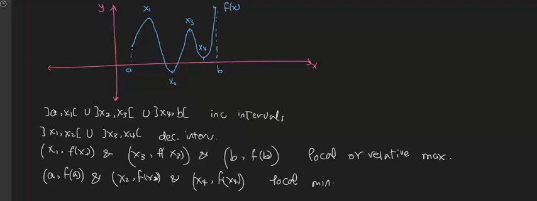Okay, so now we have local or relative maximum and minimum. We need to introduce another expression, which is the absolute. We might say that we have an absolute maximum, which is going to be the highest height or the tallest height, and the absolute minimum is going to be the lowest or the shortest height.